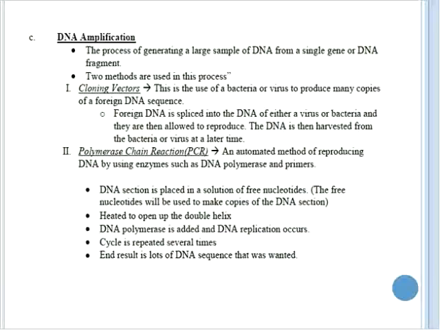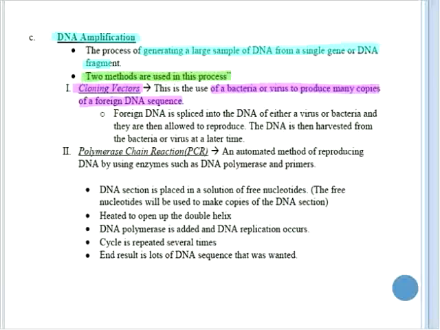Another technique that is used is known as DNA amplification, and as the name suggests, you are amplifying or generating a large sample of DNA from a single gene or DNA fragment. There are two methods used in this process. One of these is through the use of cloning vectors. In short, you're using bacteria or a virus to produce many copies of a foreign DNA sequence.